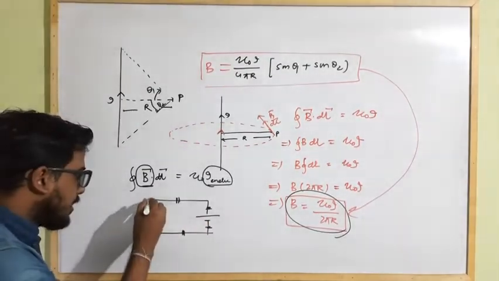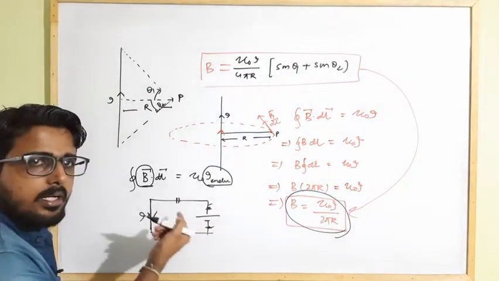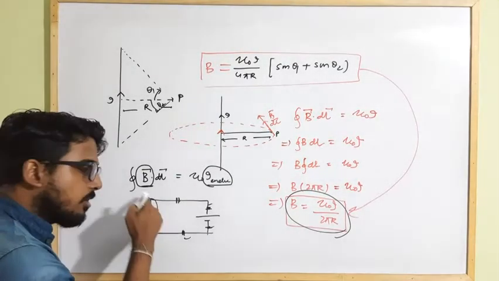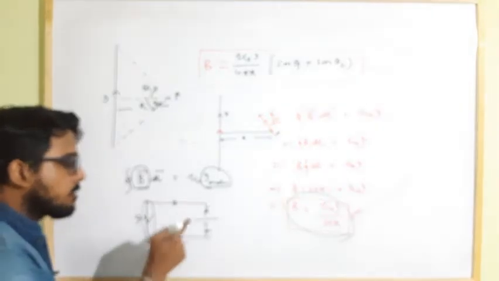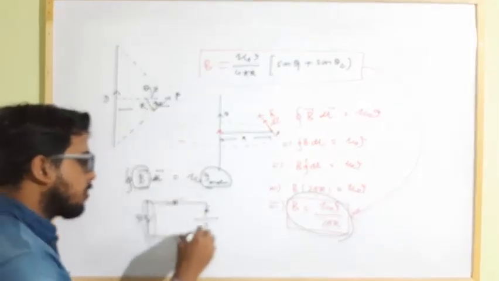Where this conductor is placed, these segments are also placed, because to complete the circuit these segments are necessary.